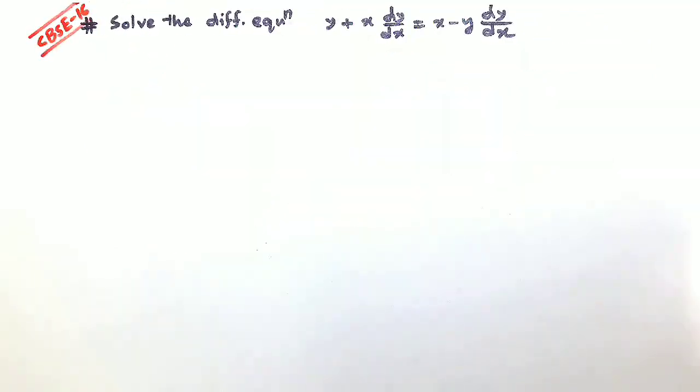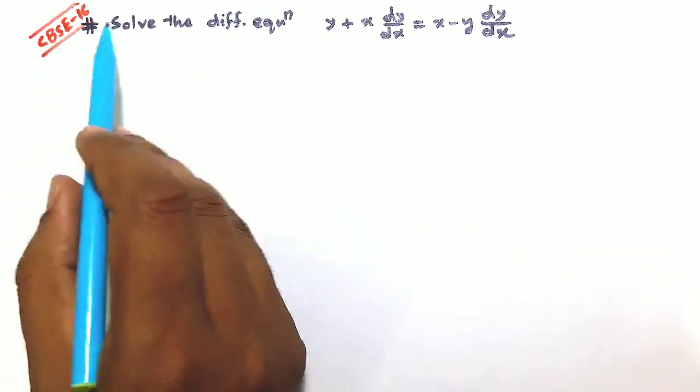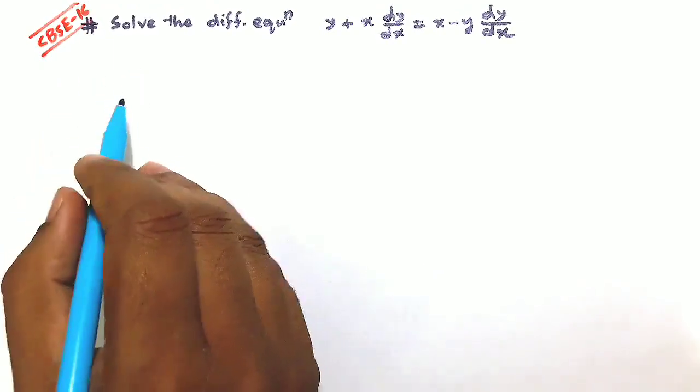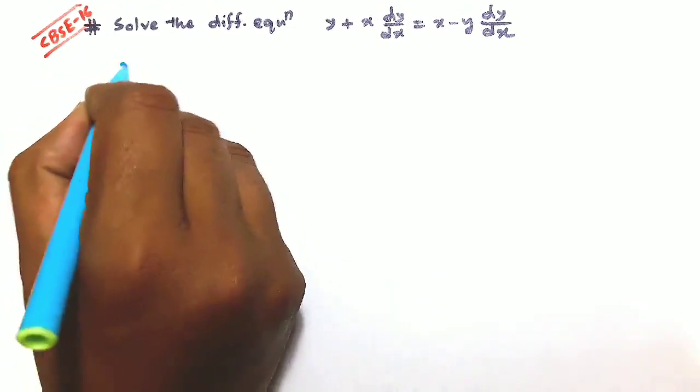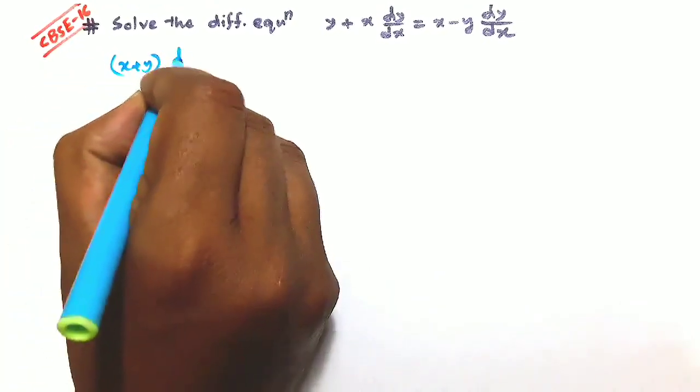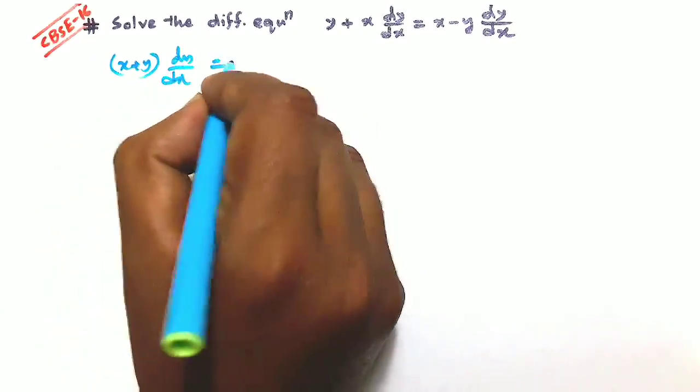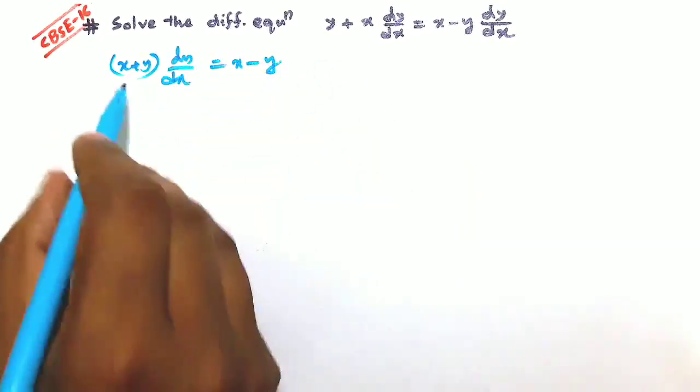Next question is, solve the differential equation y plus x dy dx is equal to x minus y dy dx. The question is taken from CBSE 16. So friends, first of all, x plus y dy dx is equal to x minus y, isn't it?